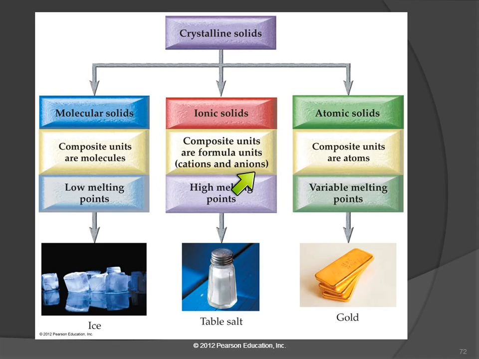There's cations and anions. The formula unit is just the smallest ratio of cations to anions. And atomic solids are composed of atoms. That's not too hard to remember, right? We can kind of generalize some of their characteristics, like melting points, based on what holds those particles together.